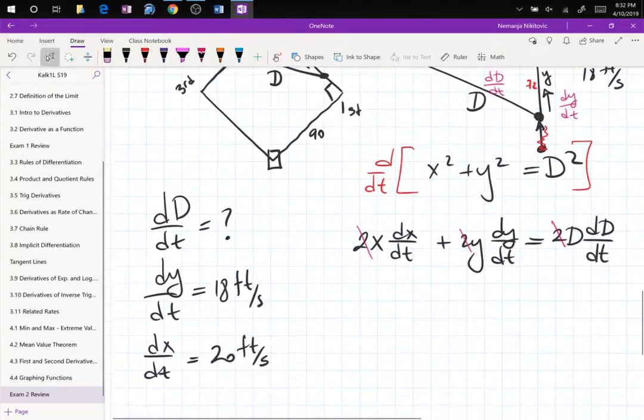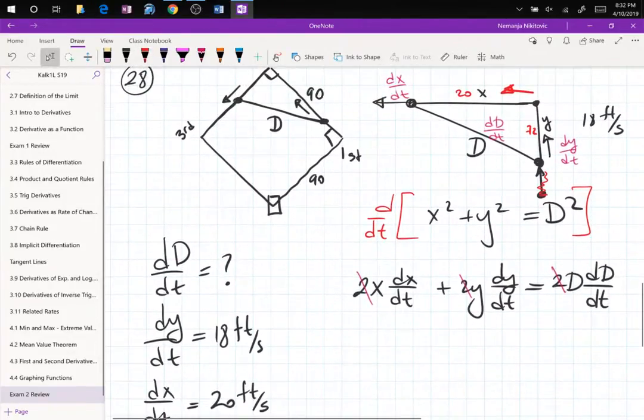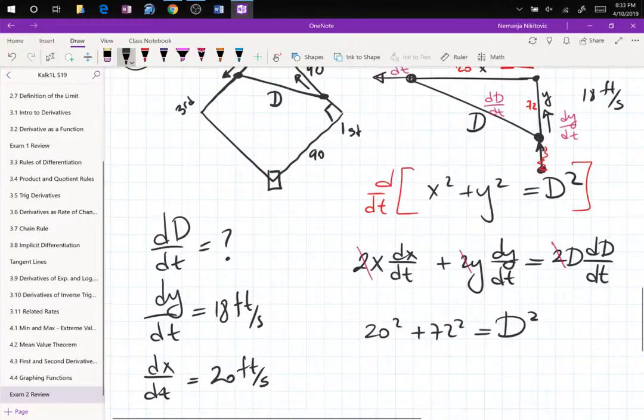And now I can use those pieces of information in the Pythagorean theorem to figure out the capital D. So I have 20 squared plus 72 squared is equal to big D squared.